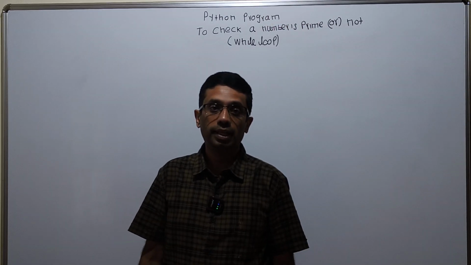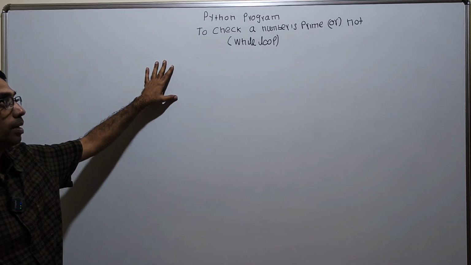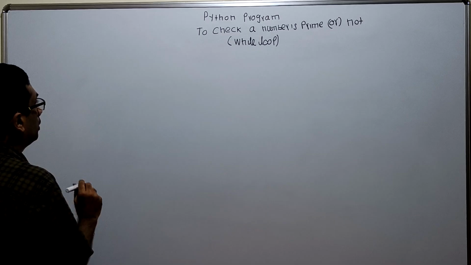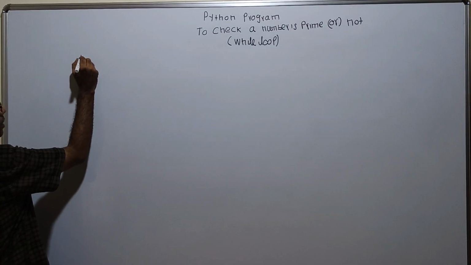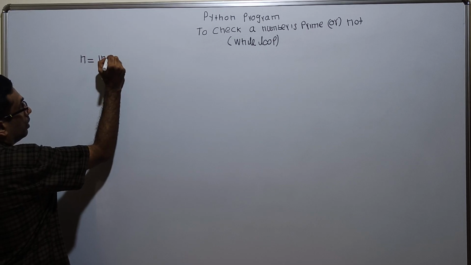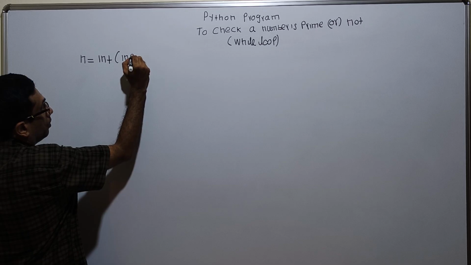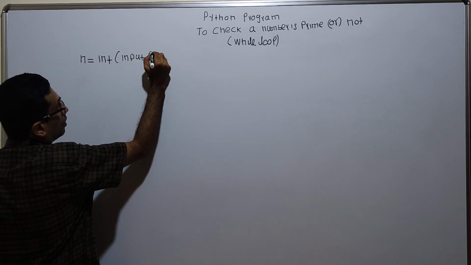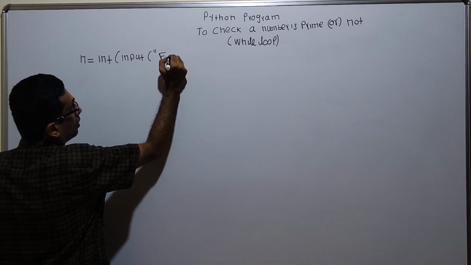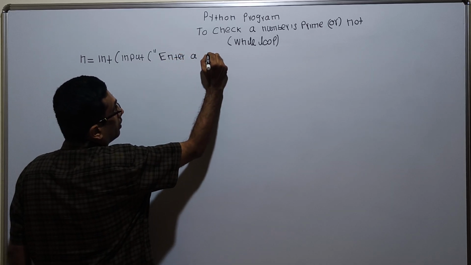Hello friends, we are going to write a Python program to check whether a number is prime or not by using a while loop. I am having a variable n equal to integer of input of "enter a number".